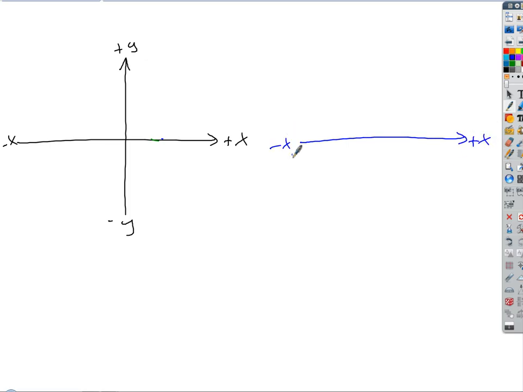But what happens to the y-axis? It gets flipped. The fold in the paper means that the top part gets folded down to the bottom part, and the bottom part gets folded up to the top part. So it ends up looking like this. So what's my rule then? We just want to come up with some rule.